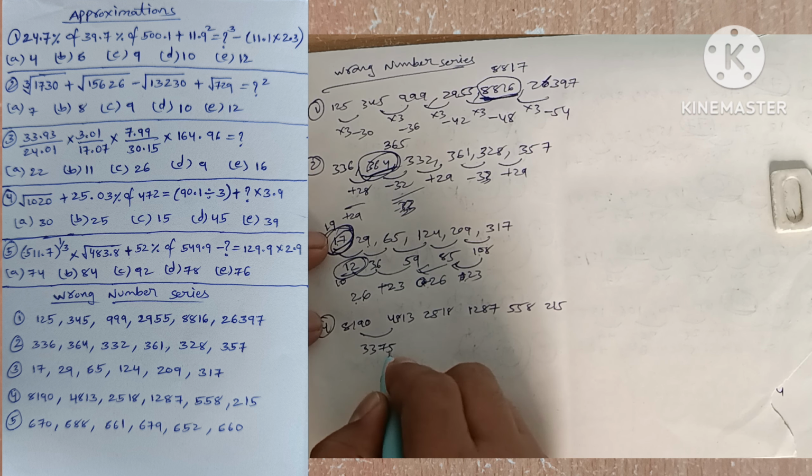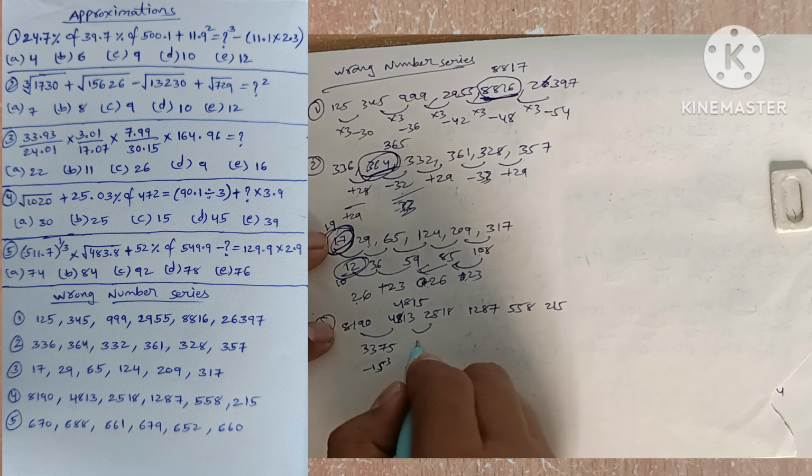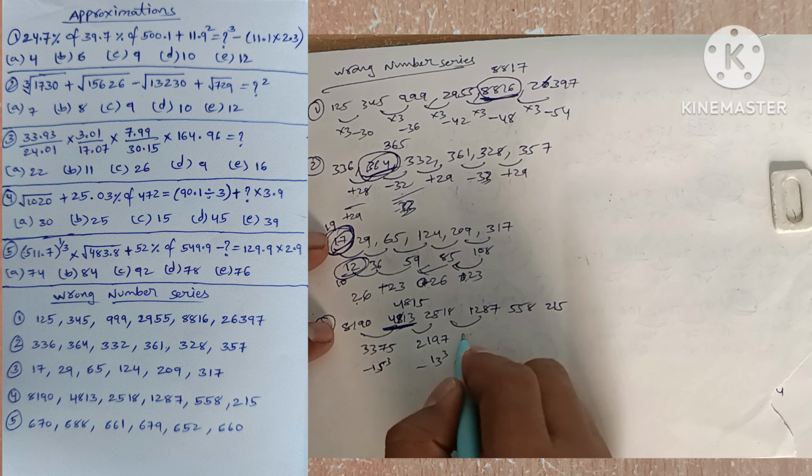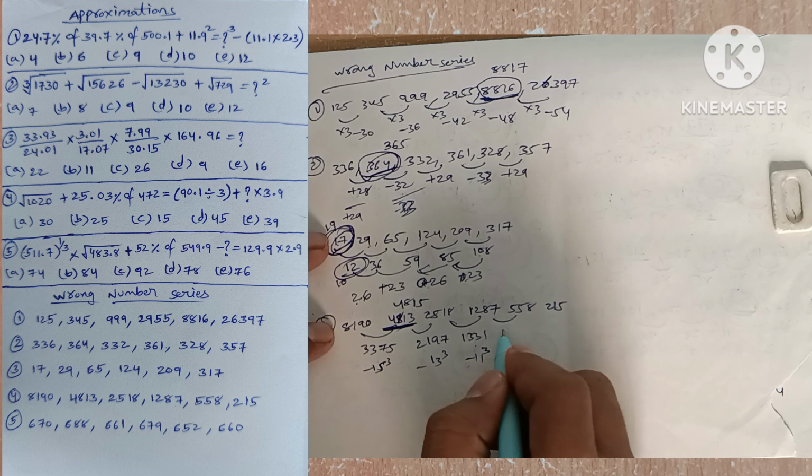If we do the 15 cube here, we get 4815. 4815 minus 2518 is 2197, which is 13 cube. So this is our wrong number. The difference here is 1331, so this is 11 cube. Here the difference is 729. As it is true that our wrong number is 4813, our right number is 4815.